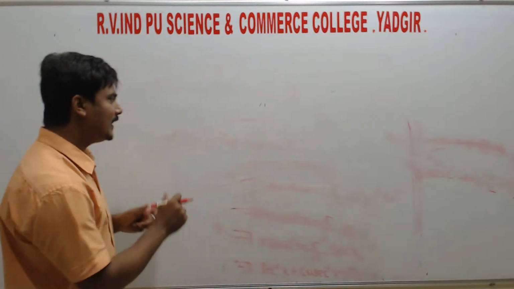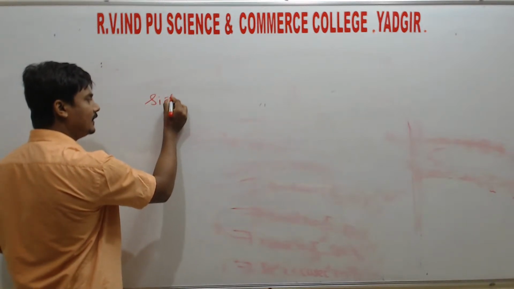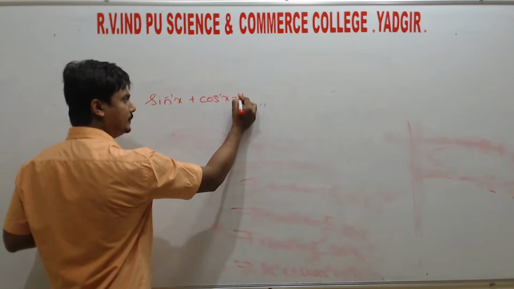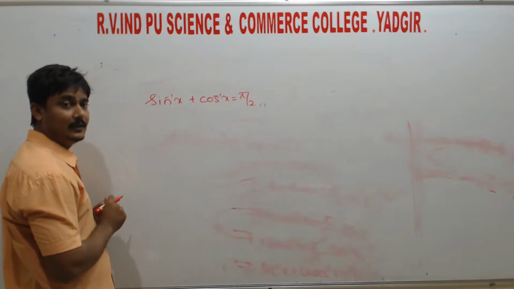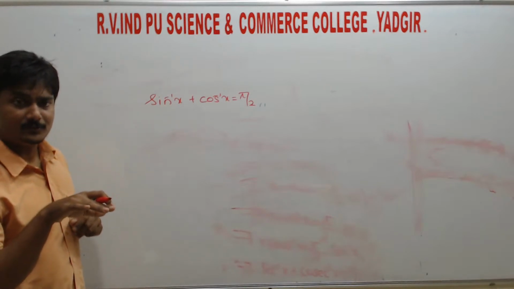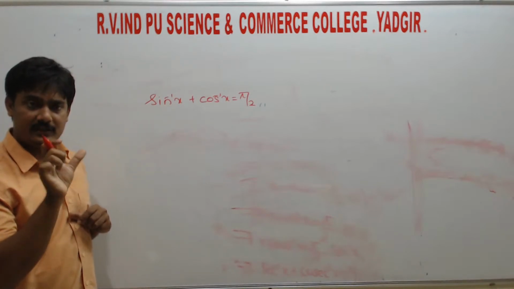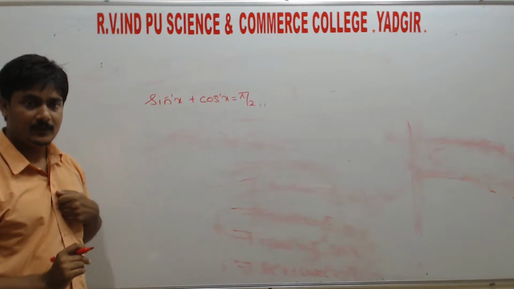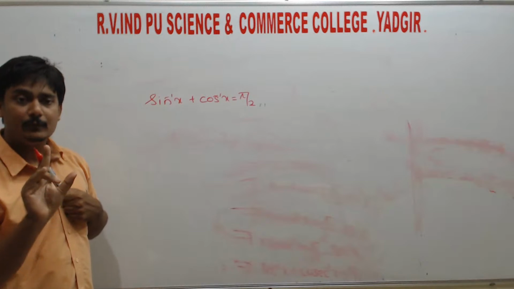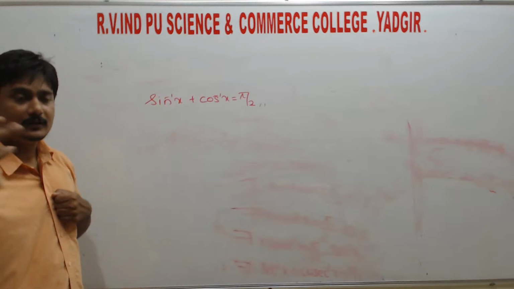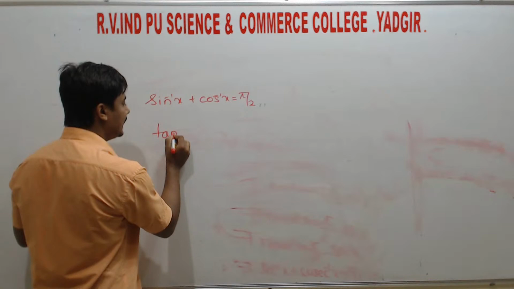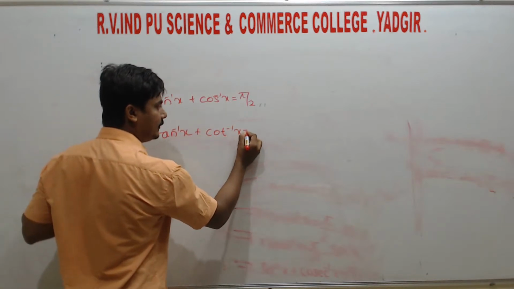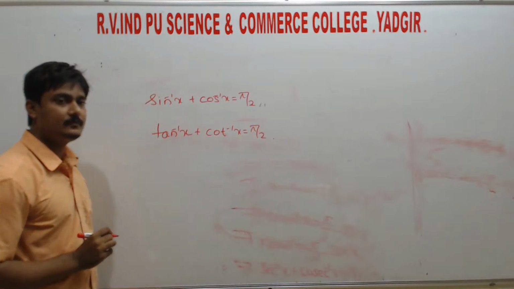The pi by 2 formula is also the same. Sine inverse x, the co-function of sine is cos, so cos inverse x, pi by 2. We can easily remember: sine's co-function is cosine, so sine inverse x plus cos inverse x is pi by 2. The co-function of tan theta is cot theta, so the formula is tan inverse x plus cot inverse x equal to pi by 2.